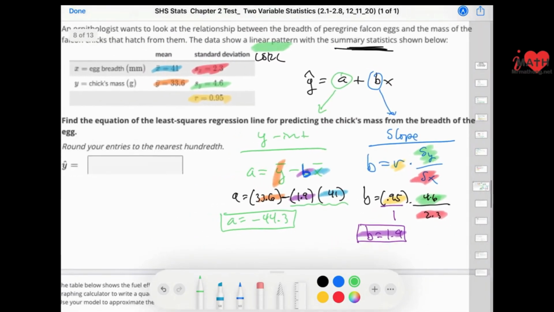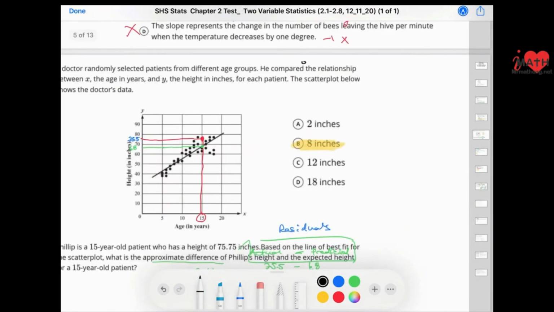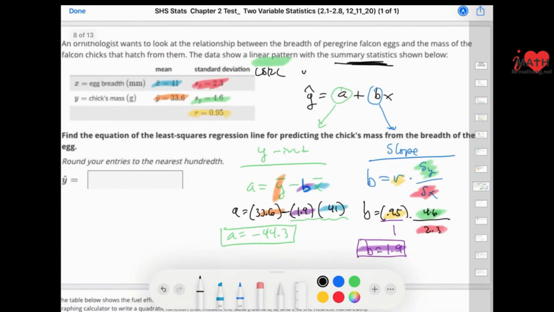So to put that all back together, I have y bar equals my a value, which is negative 44.3, and then my b value, which is a positive 1.9x.